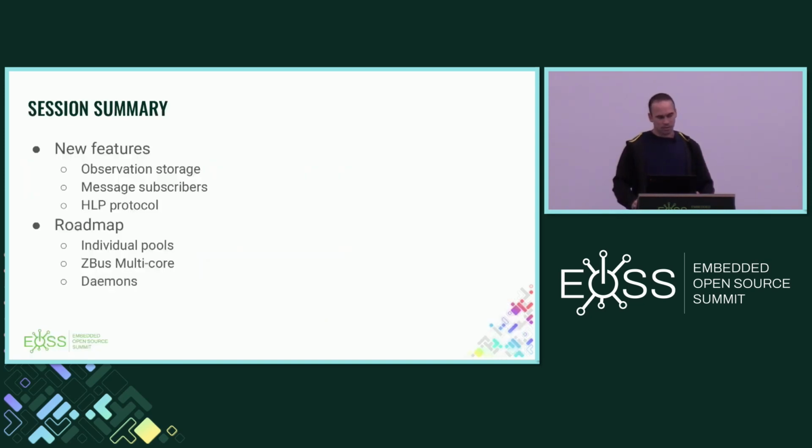So to wrap everything up, we have three new features. The observer storage, right? We could do a lot of good things with that. A new kind of subscriber, and a new priority elevation protocol, which took 90 days to get merged. A lot of things to be done at that time.